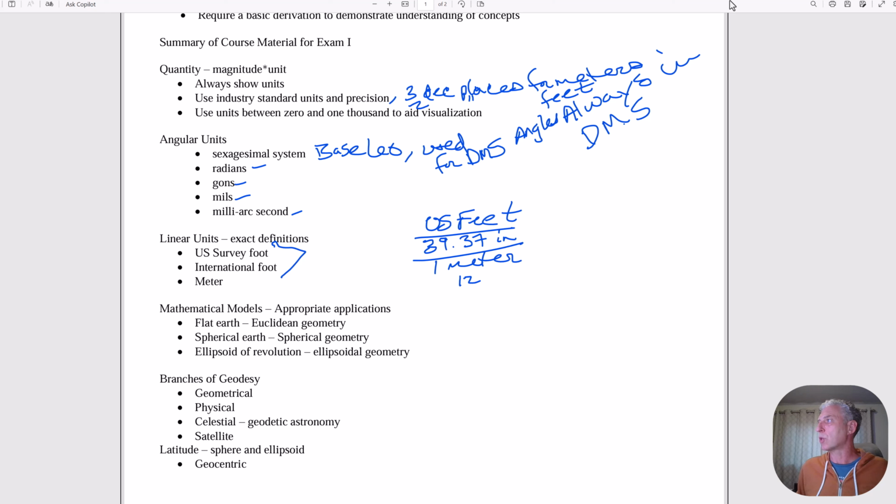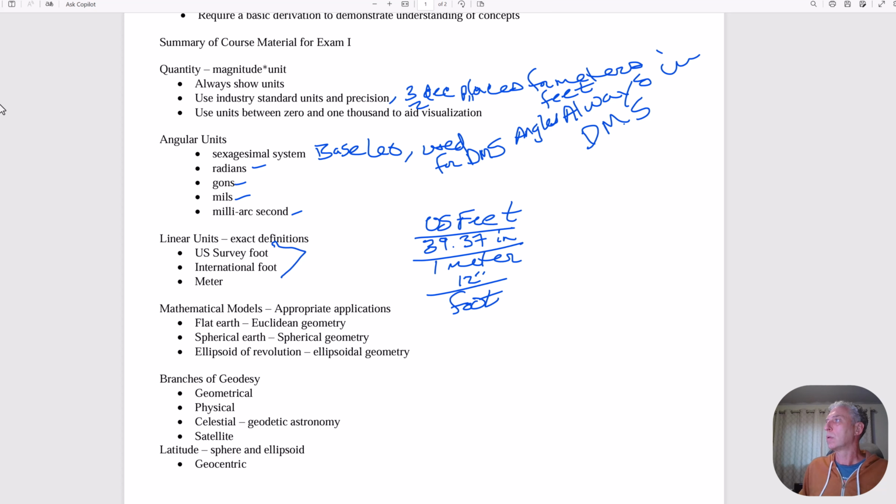And of course, there's always 12 inches in a foot. I've seen this a lot, people using that conversion factor when they're supposed to be providing international feet.